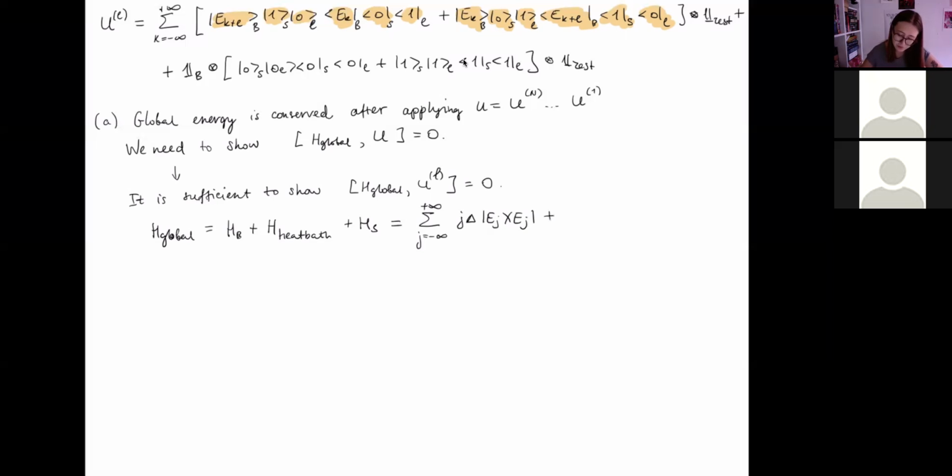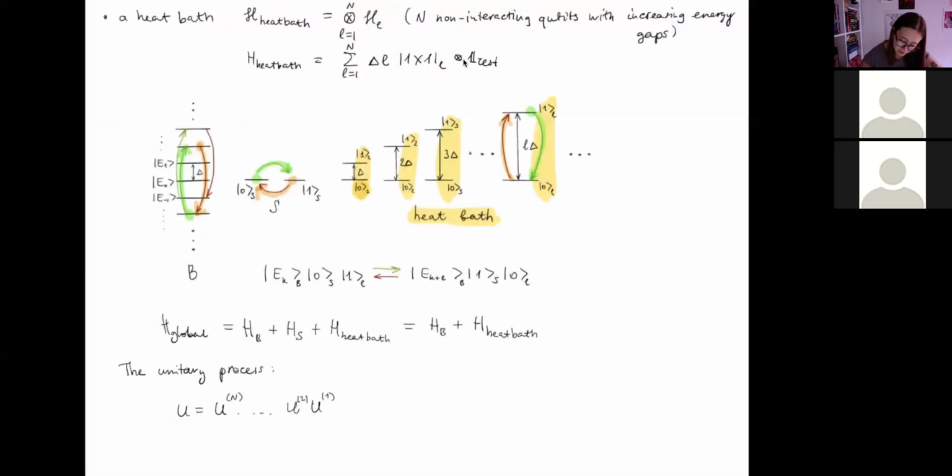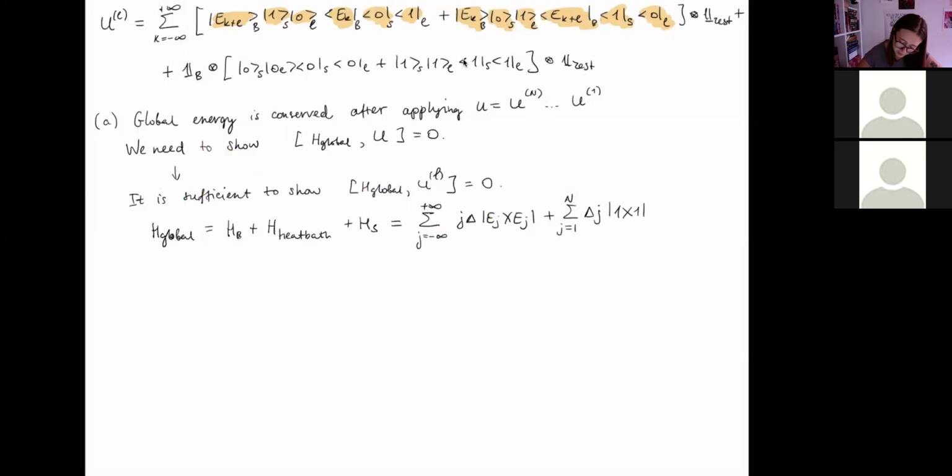And the Hamiltonian of the heat bath is, what was it? Sum over, say, j from 1 to N, delta, was it delta |1><1|_j, the rest.